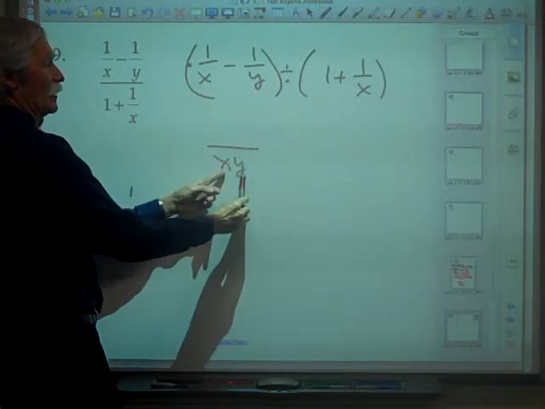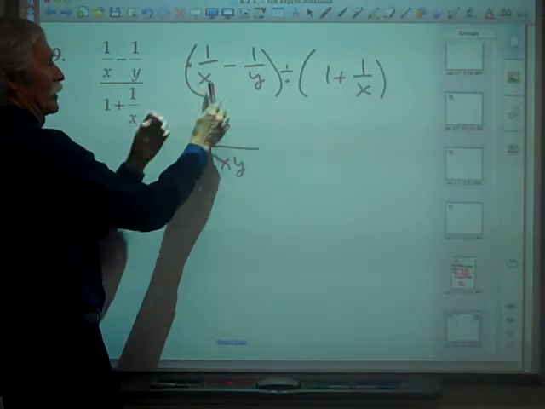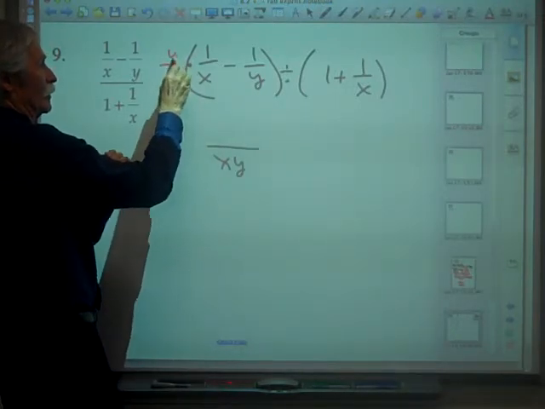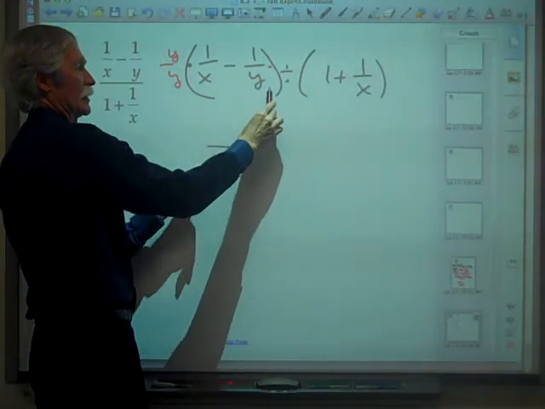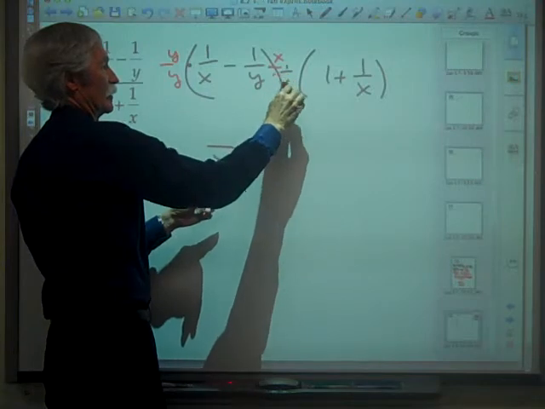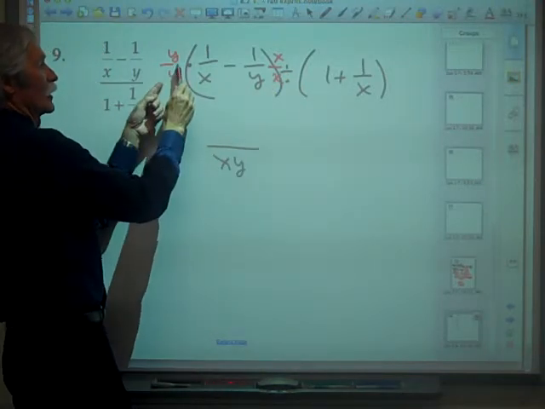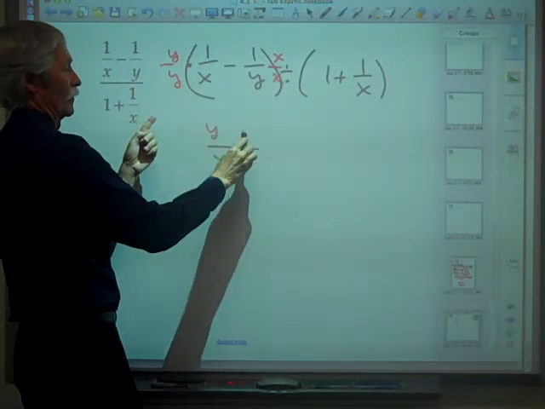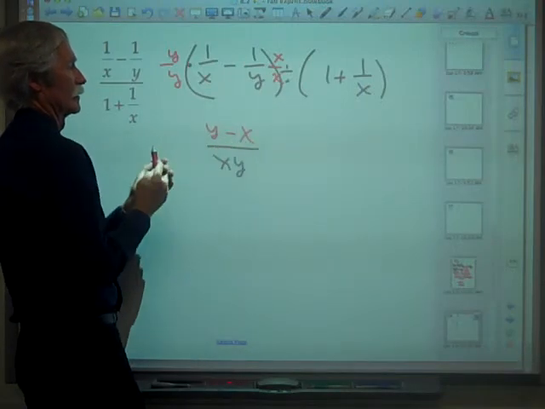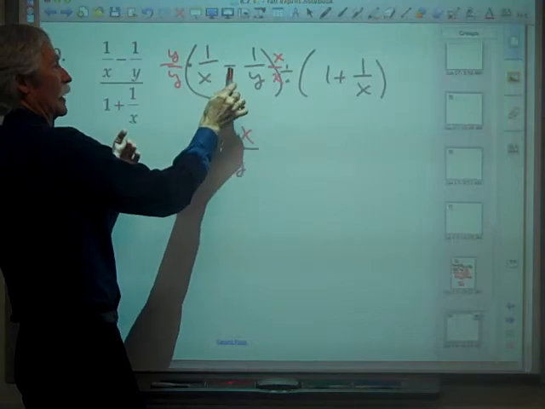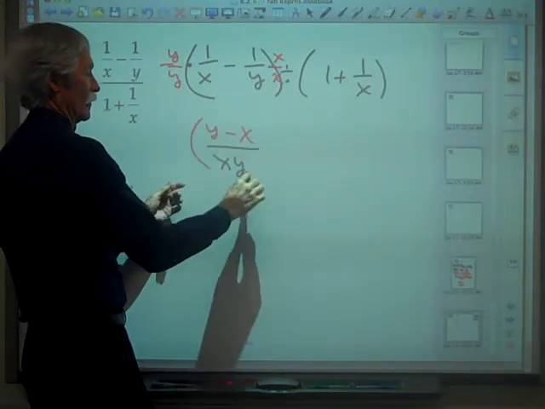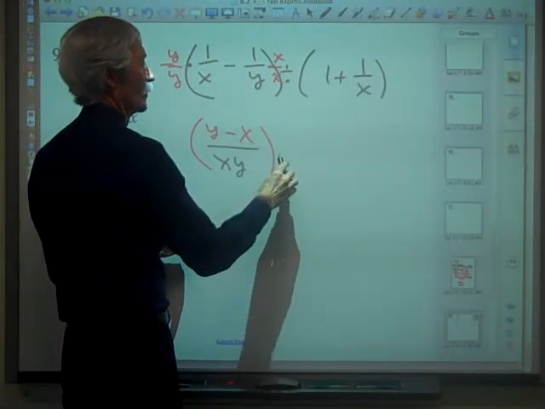It needs an X and a Y. This needs a Y. And what does this one need to have an X and a Y? It needs an X. So what will this one look like? Y minus X.